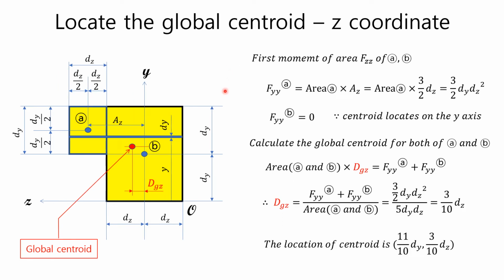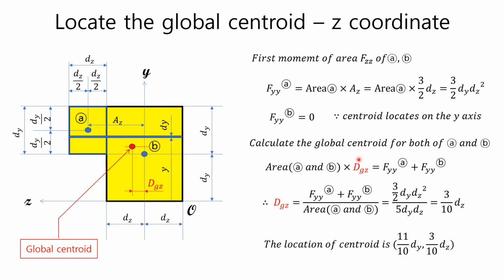In the same way, we can find the perpendicular distance of the centroid to the y-axis. We have the first moment of area for element A as shown in this equation, and 0 for element B, because the centroid of B lies on the y-axis.